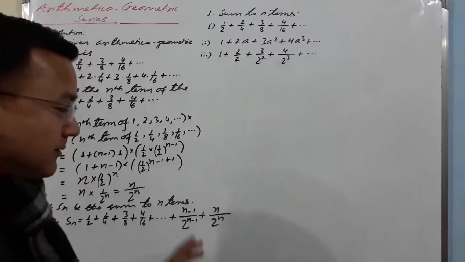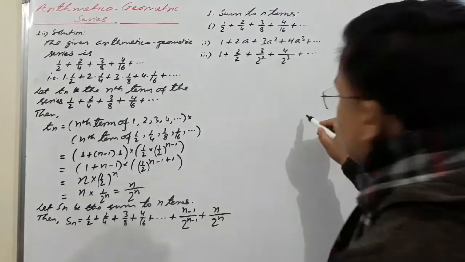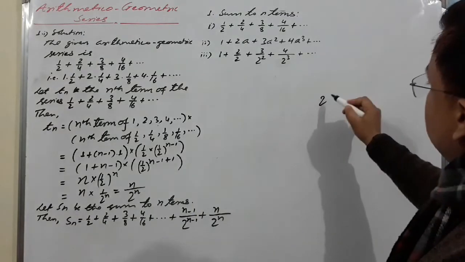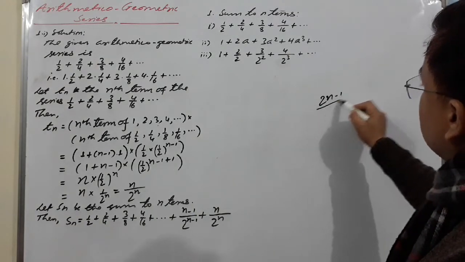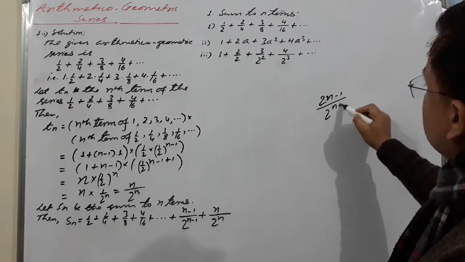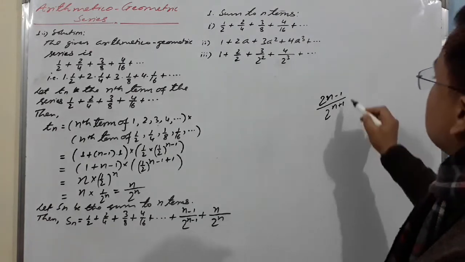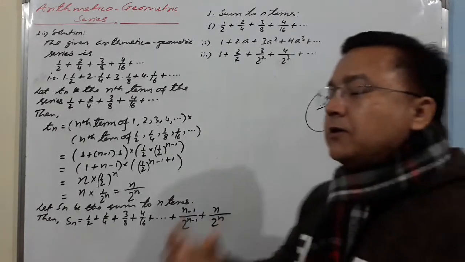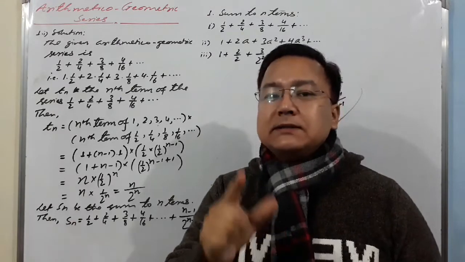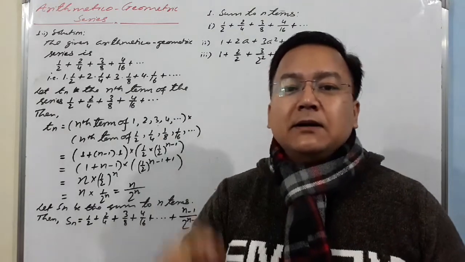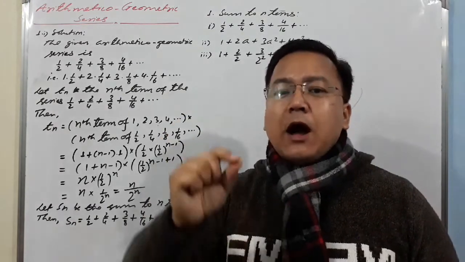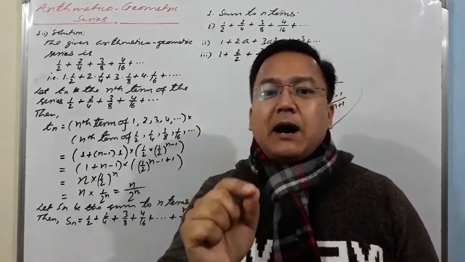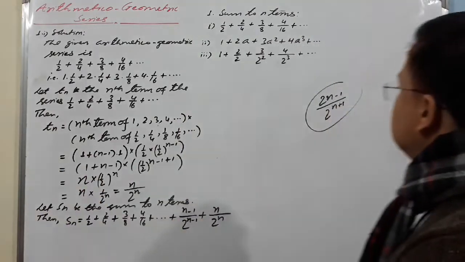So definitely clear, okay. So again, let me tell you, suppose we have a last term 2n minus 1 upon 2 raised to power n plus 1, then what will be your second last term? As I told you, in order to find out the second last term, you have to just replace n by n minus 1. It's an easy trick.